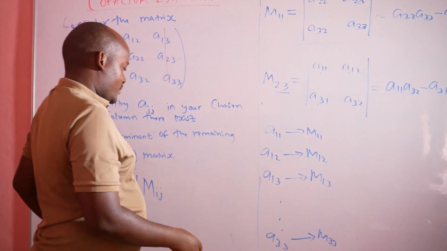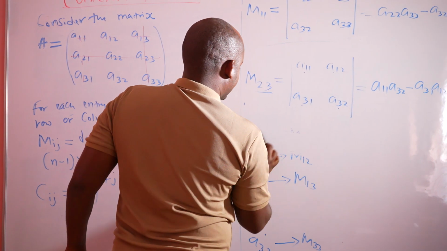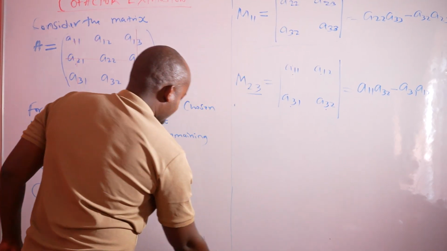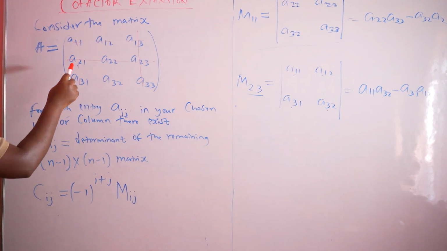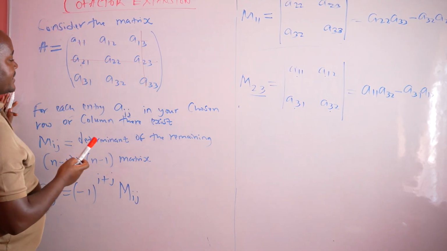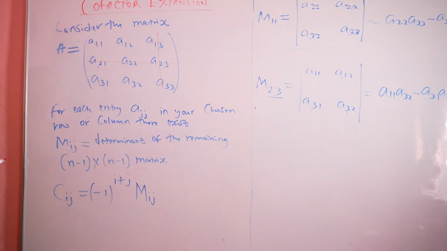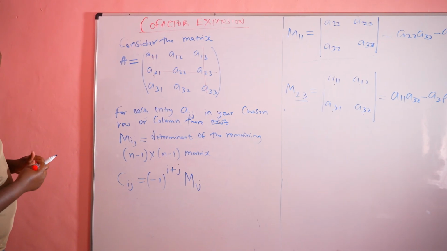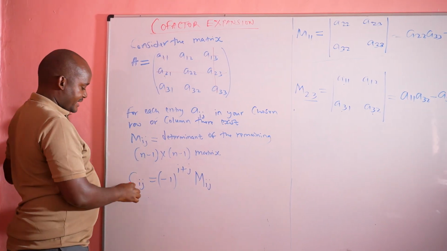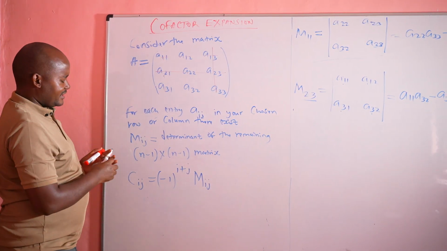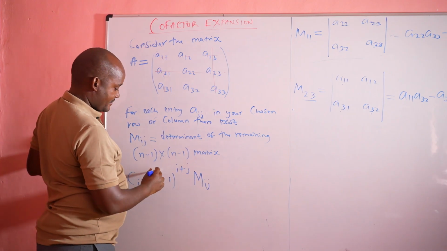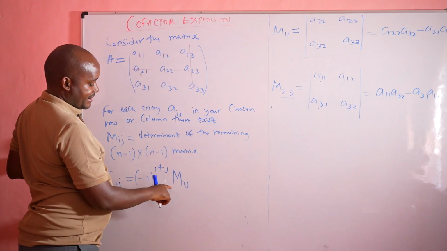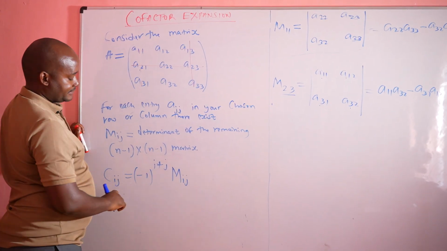So next we define what we call a cofactor. We've seen already that each and every entry in this particular matrix has a corresponding minor. So as well, it should have a corresponding cofactor. And the cofactor, which is denoted by Cij, is given by -1 raised to the power of i plus j multiplied by the corresponding minor.